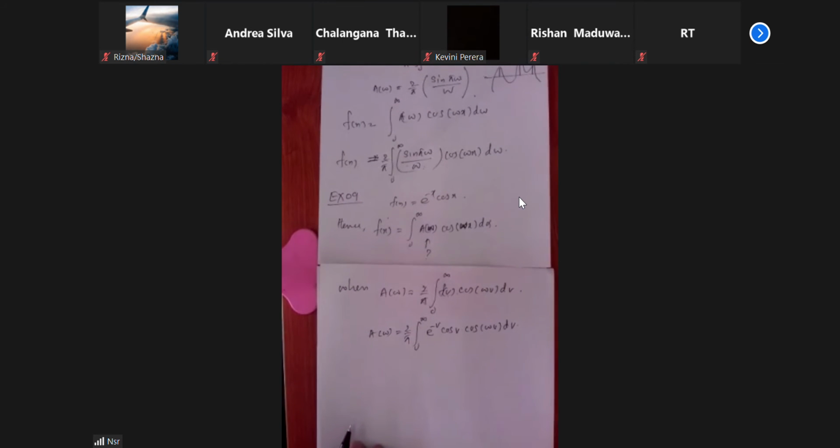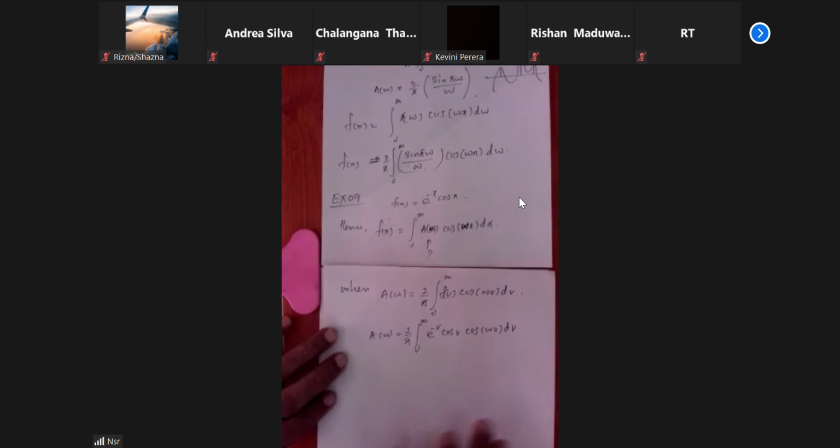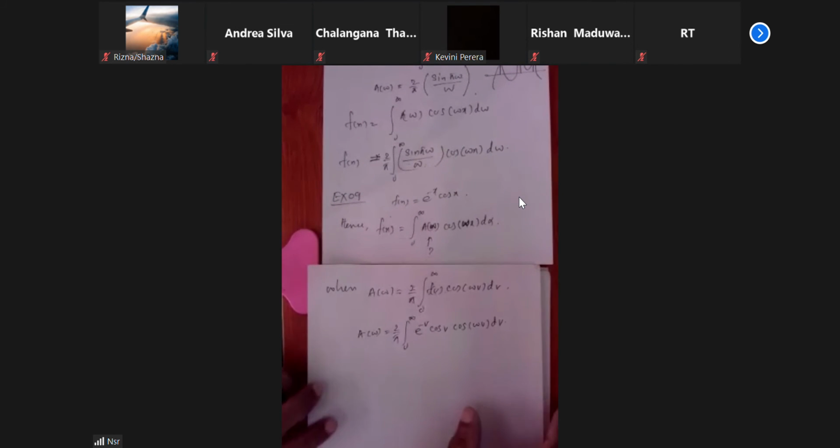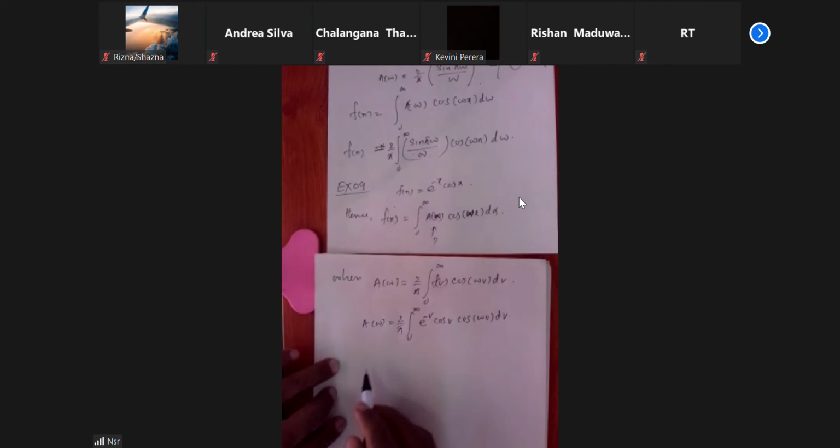Here I used some technique to simplify this. If you want to, you can use another technique. Here I used some different technique to get this answer. What is my technique? I just write down 2 divided by pi. This is A(omega), 2 divided by pi.